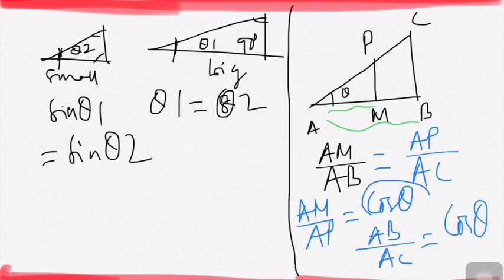So even though the lengths of the sides are changing, since the angle is the same for both triangles, the trigonometric ratios are not changing. This is a very important property of trigonometric ratios. I hope this is clear.